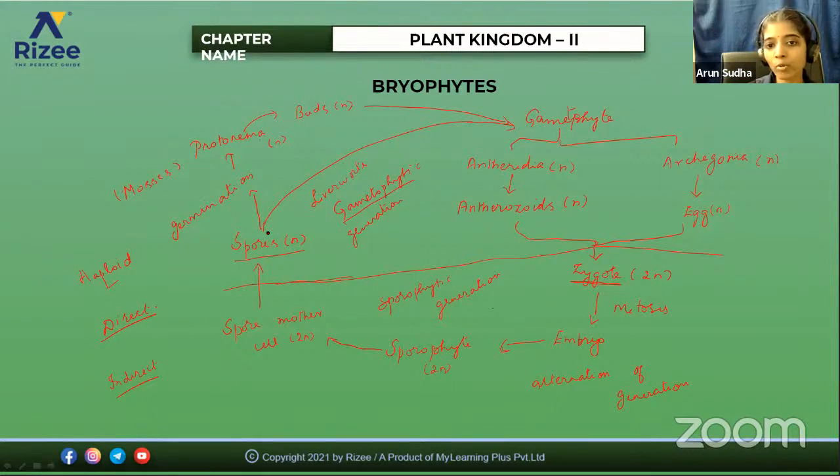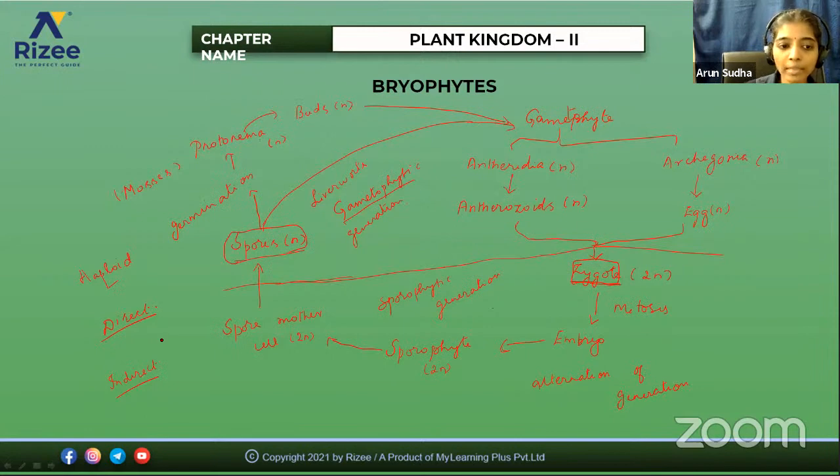That is, spores grow into gametophyte, and zygote forms the spore mother cell, which releases spores. So I hope you are clear with this. Zygote and spores, but the gametophytic phase is dominant here, so the sporophytic phase is dependent on the gametophytic phase.